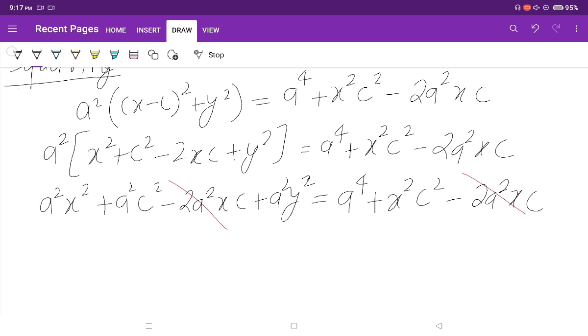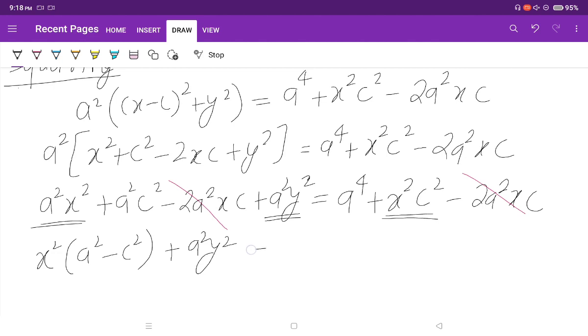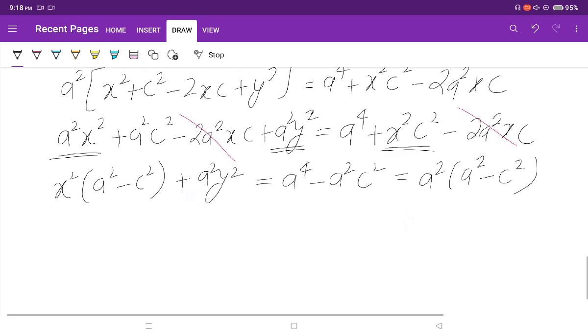Now rearranging the terms, we have these terms with x squared, so we have x squared times (a squared minus c squared), plus a squared y squared, and this is a to the power 4 minus a squared c squared, correct, which equals a squared common, a squared times (a squared minus c squared), correct.